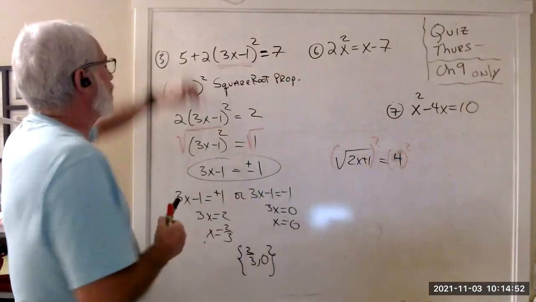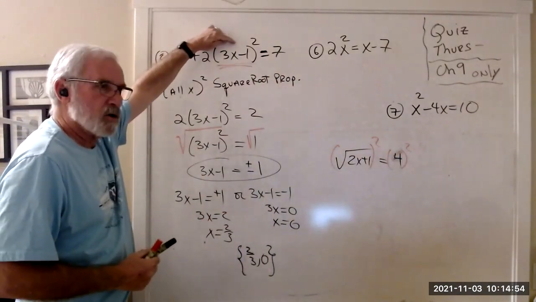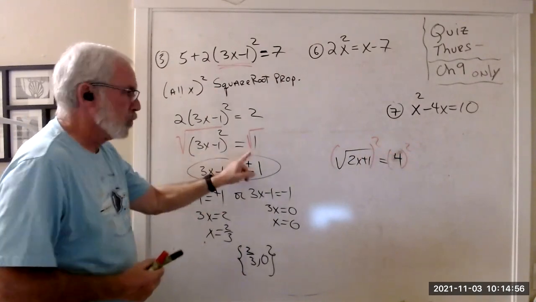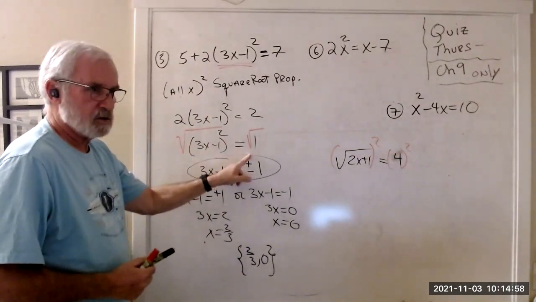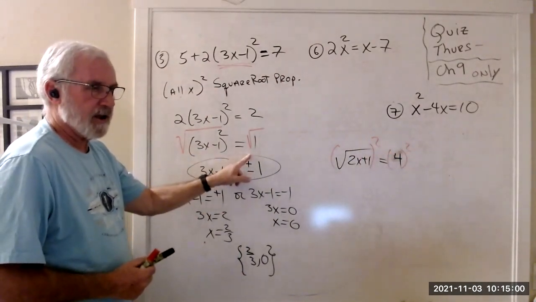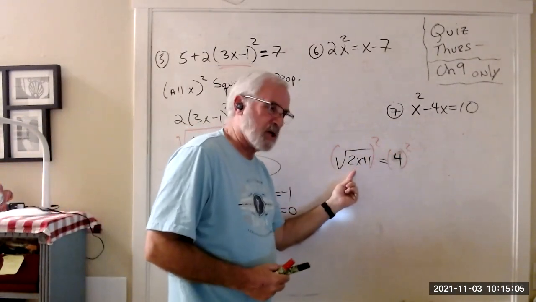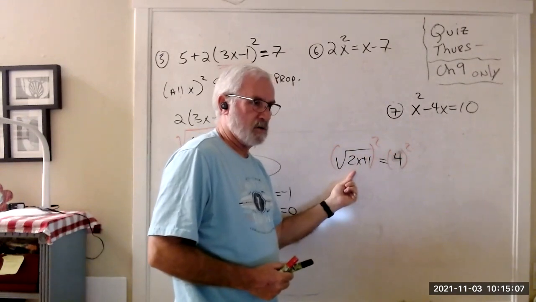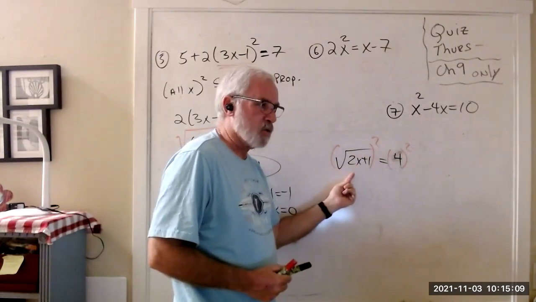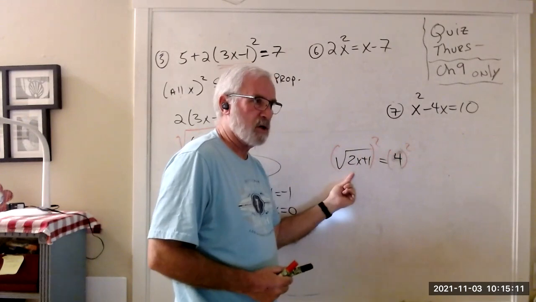But this is starting with a square, so you square root both sides. When you start with a square root, you should always test. When you start with a square root, you should always check your answer.